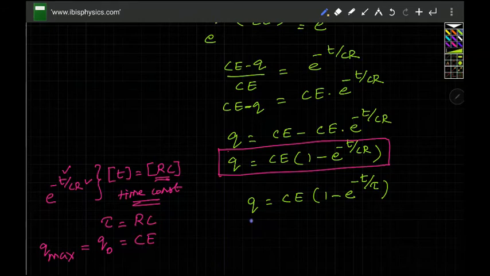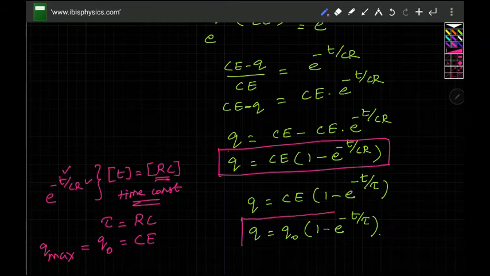So doing that, what are we getting? Q is equal to Q naught into 1 minus e power minus t by tau. So the variation of charge that is built on the capacitor follows this function. What happens when time t equal to 0?